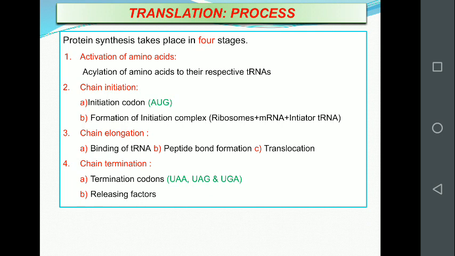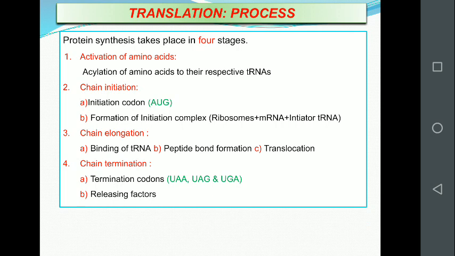So that is why it is known as translation. One language is nucleotide sequence language and another language is amino acid sequence language. The machinery is translating the nucleotide sequence language into amino acid sequence language.